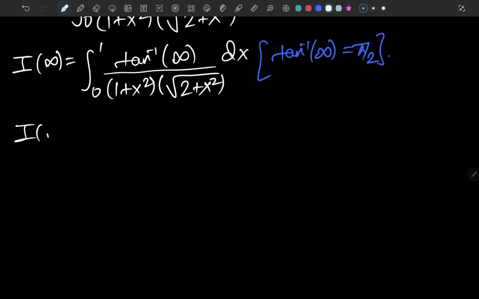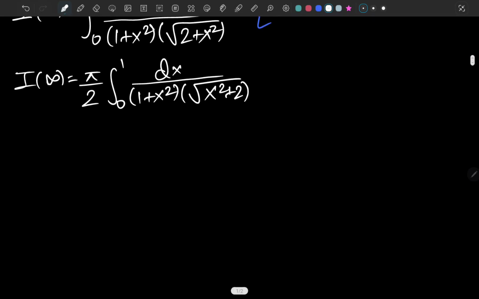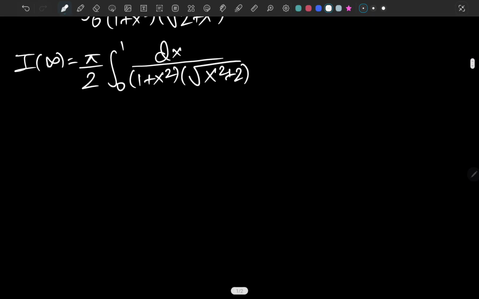So I of infinity becomes pi over 2 times the integral from 0 to 1 of dx over 1 plus x square times square root of x square plus 2. Now we are going to place something in the numerator here to simplify it further.